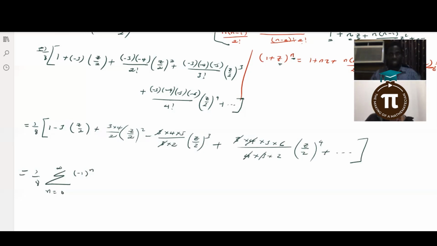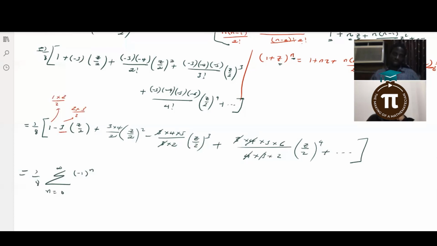Notice that you have 5 times 6 divided by 2, 4 times 5 divided by 2, 3 times 4 divided by 2. In fact, the 3 here I can write as 2 times 3 divided by 2, and this one is exactly 1 times 2 divided by 2.